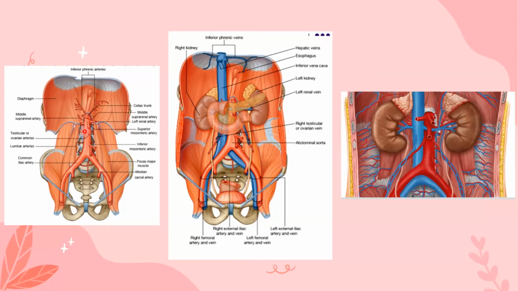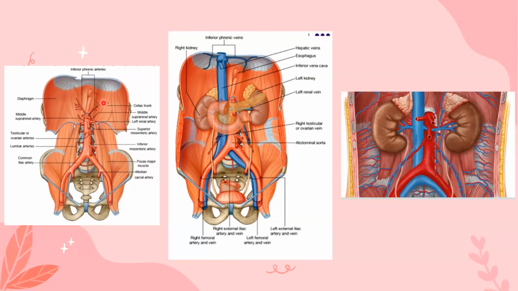Afterwards, I told you guys this is related to the GIT. So anything that's related to the GI will be somehow mesenteric. That is a name that we typically use when we're referring to the gut specifically. So we will be giving a superior mesenteric and an inferior mesenteric artery, which you guys can see here and here.